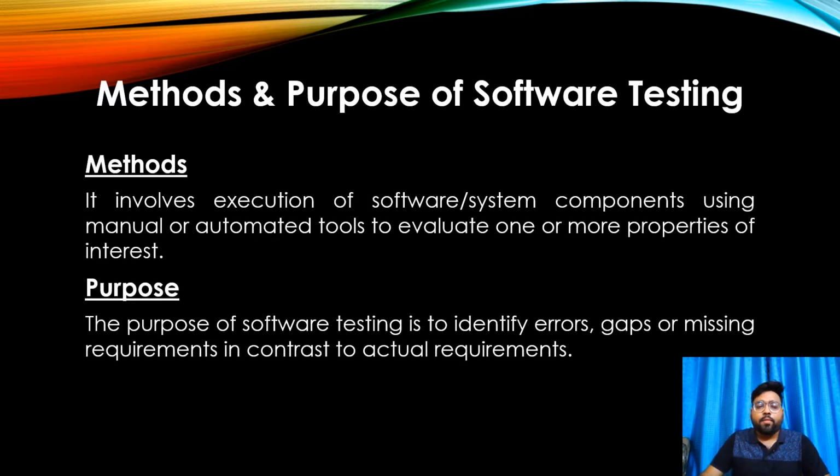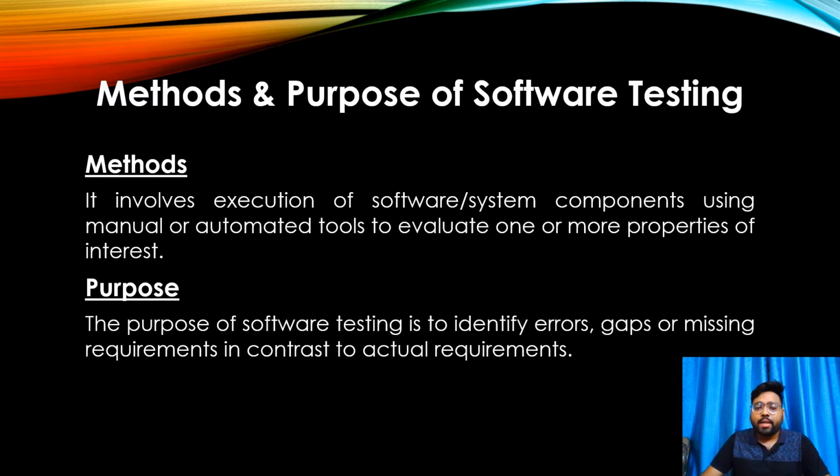And then we come to the methods and purpose of software testing, like how the software testing is done, and what the purpose of software testing is. As you can see, the method involved is execution of the software system or components using manual or automated tools.